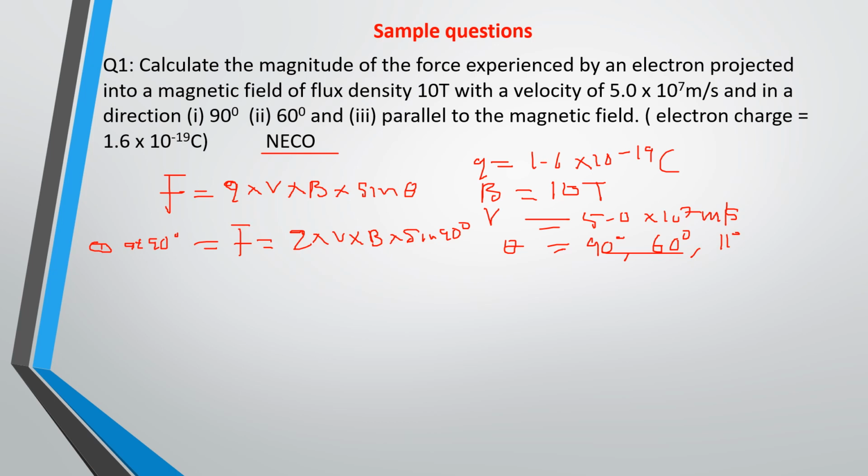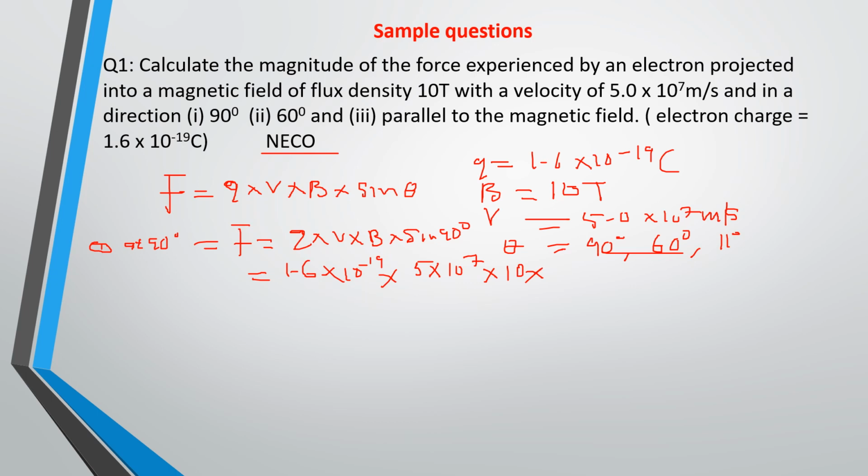Substituting into this equation, you are going to have Q to be 1.6 times 10 raised to power minus 19, times velocity, which is 5 times 10 raised to power 7, times B, which is 10, times sine 90 degrees.